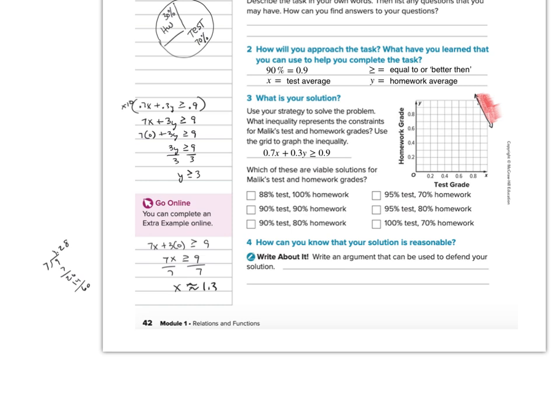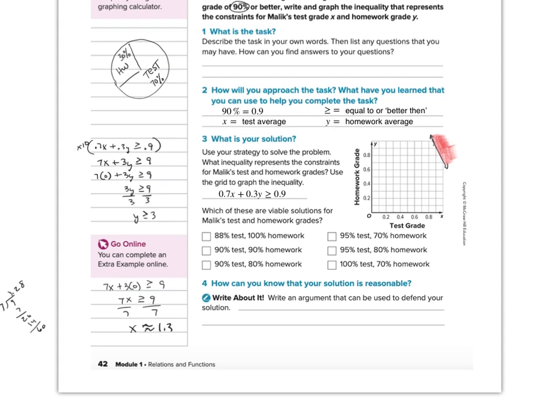If my test average was 0, then I would need greater than 3, which is not really a possibility, right? Because that would be 300%. But that is way off my chart. So it'd be up here somewhere. And then coming down this way.